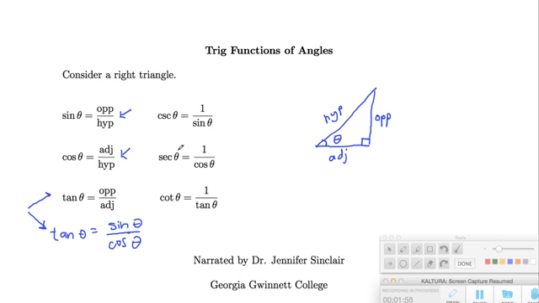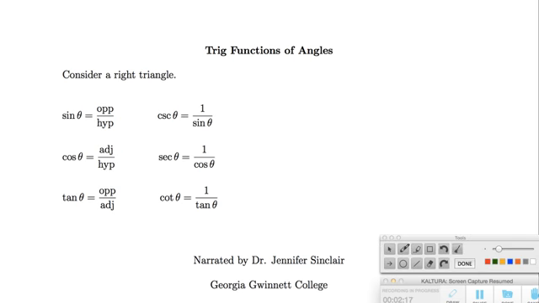We also have the reciprocal identities. We have 1 over sine, 1 over cosine, and 1 over tangent. Since those are needed for certain circumstances, we do have special names for them so that we can refer to them from time to time. The first one is 1 over sine, and it's called the cosecant.